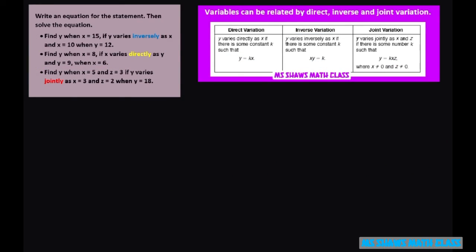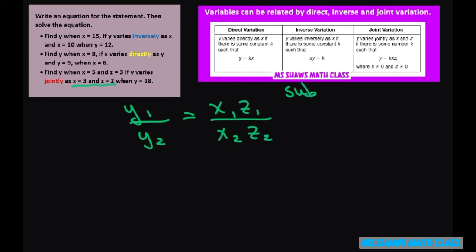And the last one, the way we're going to write it is we're going to find y, so you put y1 and then y2, and then just match it up because we have both an x and a z. So x sub 1, z sub 1, and x sub 2, z sub 2. Then fill everything in when you read this.